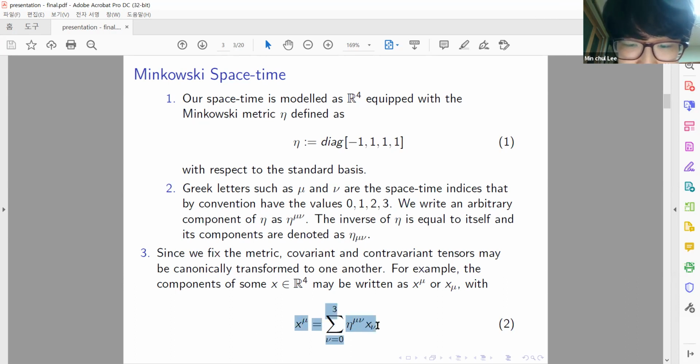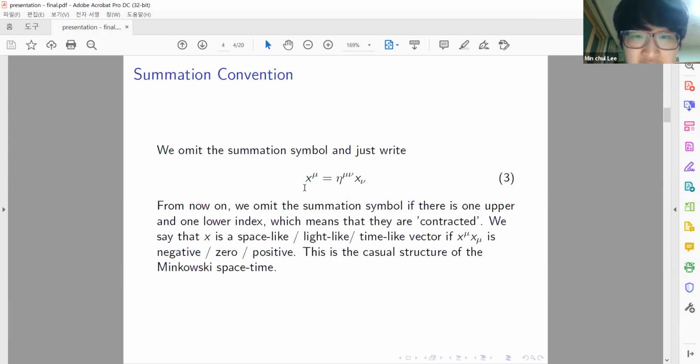So they are related by this formula, and we just get rid of this summation symbol and write it as this. From now on, we will always omit the summation symbol if there is one upper index and one lower index, which means that these indices are contracted.